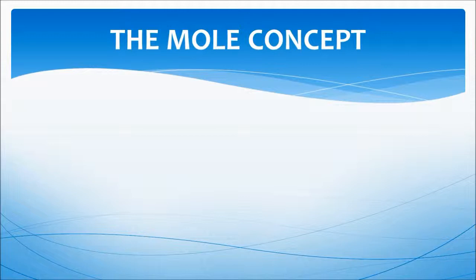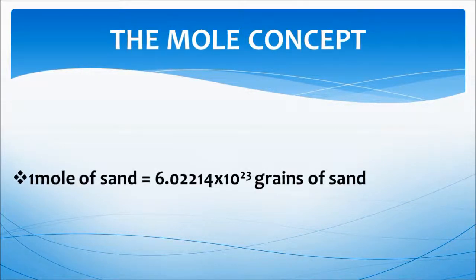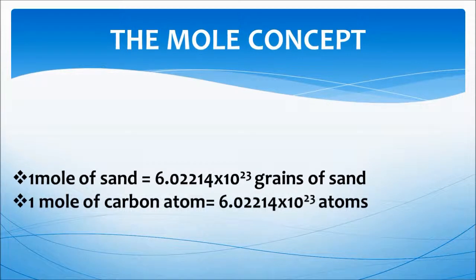A mole is the amount of material that contains 6.02214 times 10 to the 23 particles. If you've never heard of this number before, it is also what we call Avogadro's number.